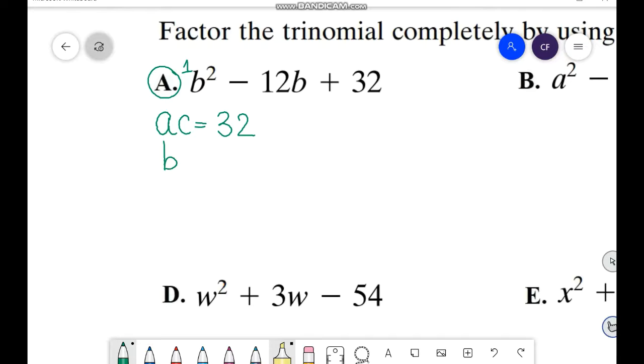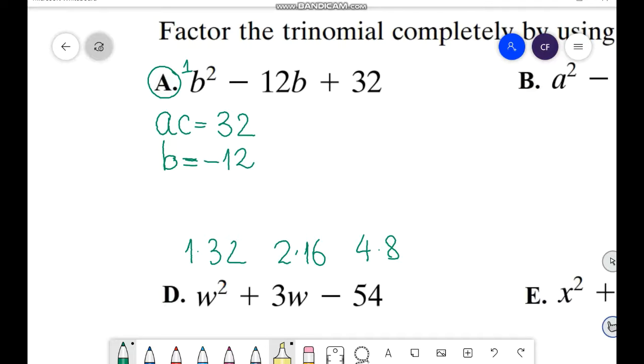And B is negative 12. These are the first steps. Identify A times C and identify B. We need to find two numbers that multiplied are 32 and that add to negative 12. So the factors of 32 are going to be 1 times 32, 2 times 16, and we don't have 3, maybe 4, 4 times 8, and that's it.